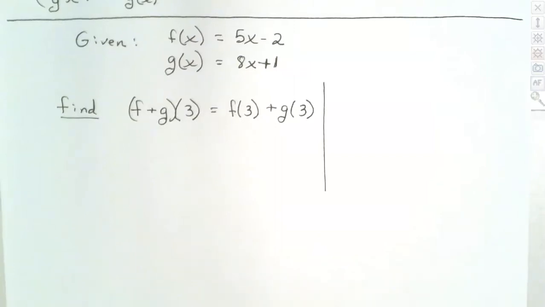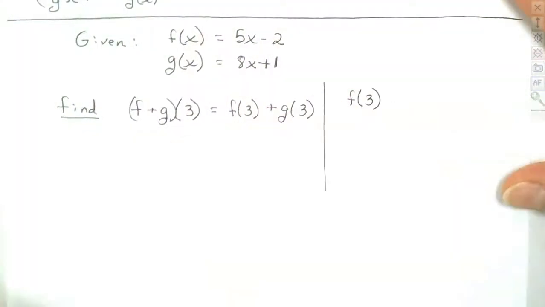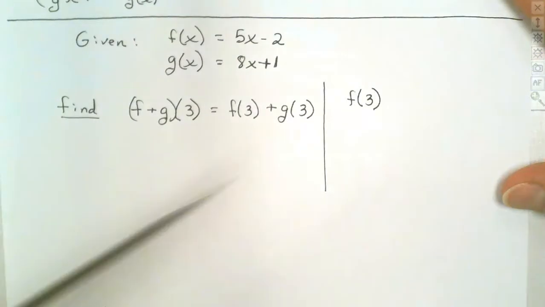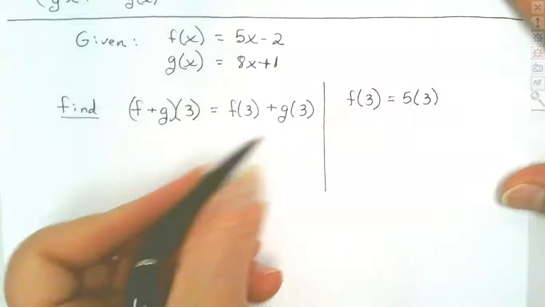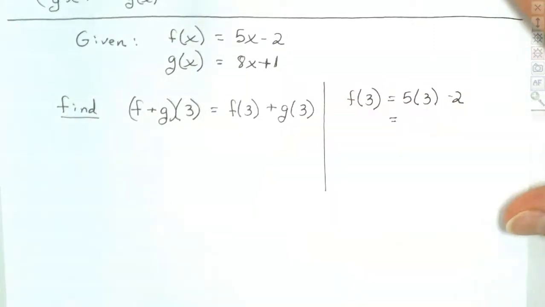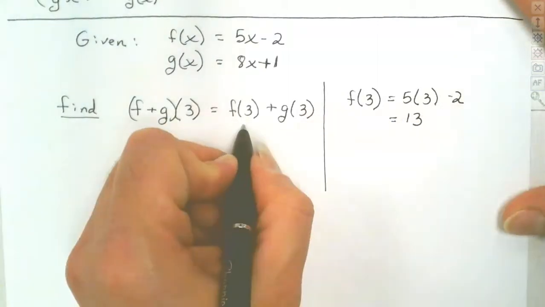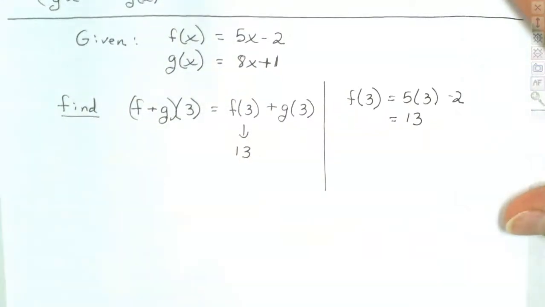What we do is we simply plug the value in to each one of them and then add the results together. So first we're going to find f of 3. F of 3 would simply be 5 times 3 minus 2, which is 15 minus 2, which is then 13. So that comes down here as your 13. Then we repeat the process with your g of 3.